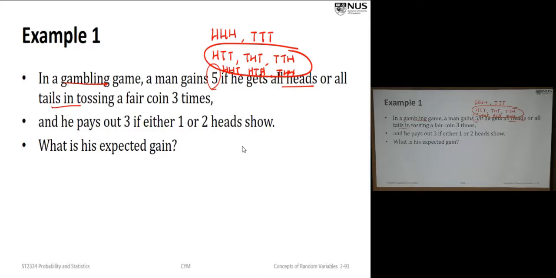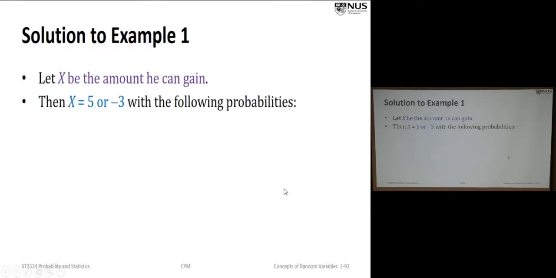So there are 2 values for x, either -3 or 5. The probability of getting 5 is 1/4, so the probability of getting -3 is 3/4. All right? How to get 1/4? Because there are 2 outcomes, all heads and all tails, that will give you $5 out of 8.